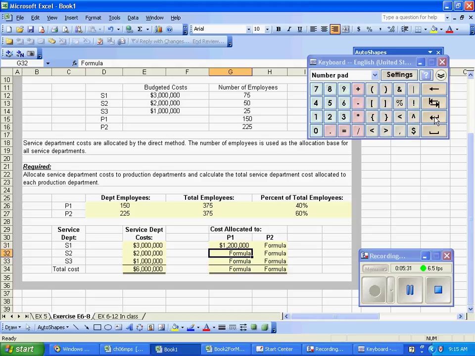And then for Service Department 2 going to Production Department 1, I'll just follow the same setup. It's going to be 40% times 2 million.